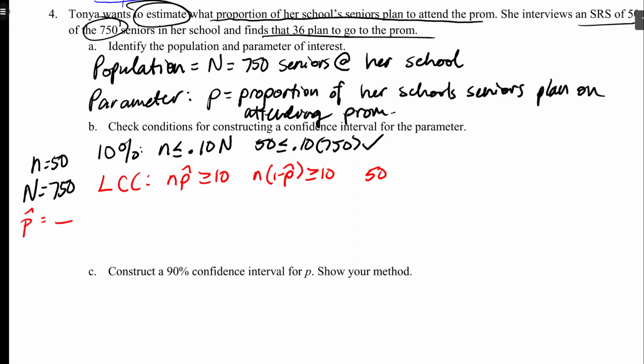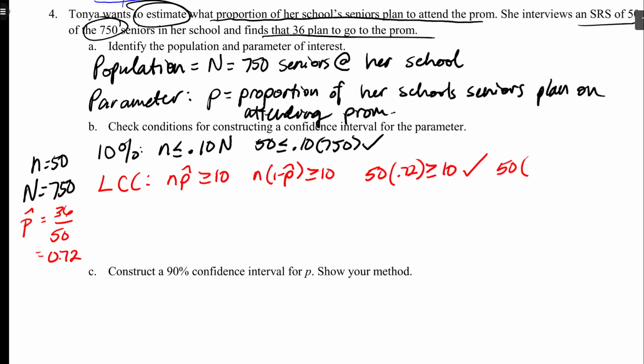Well, we know we had a sample of 50 seniors, right? Of those 50 seniors, we said that 36 of those plan on attending prom. So if we plug that into the calculator, we find that p hat is going to be written as a decimal 0.72. You can write it as a fraction, that's fine, but I think it's a lot easier to work with my calculator and verify these things to be true when I just use a decimal.